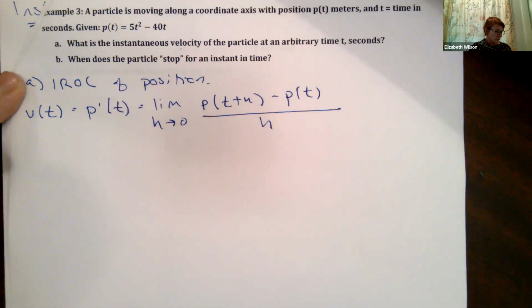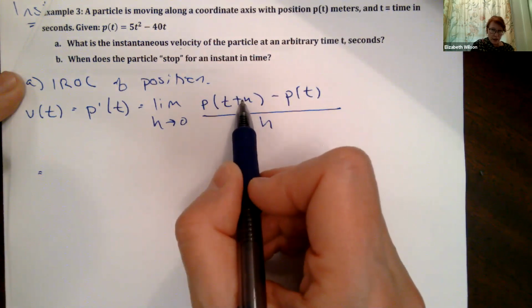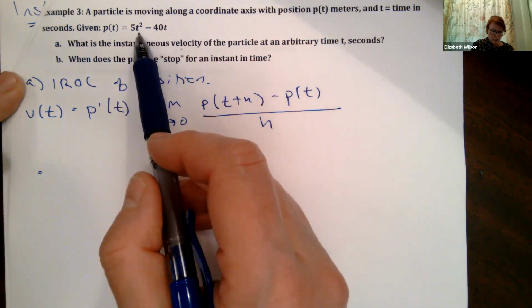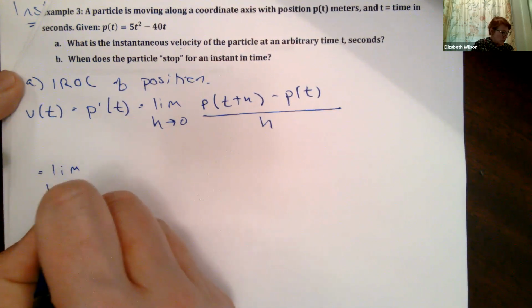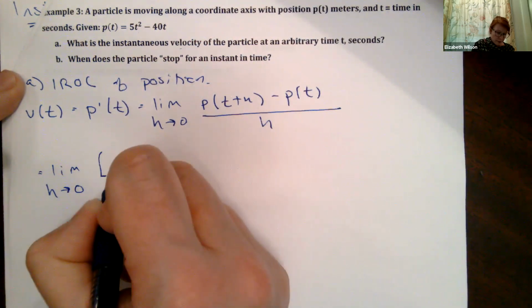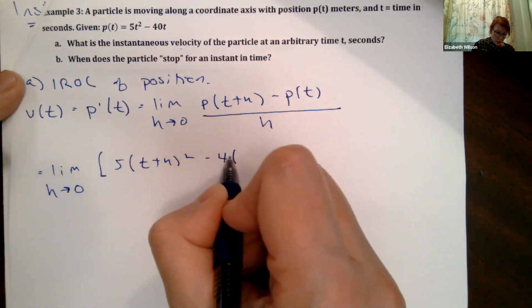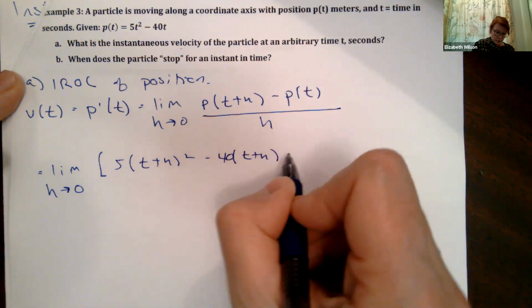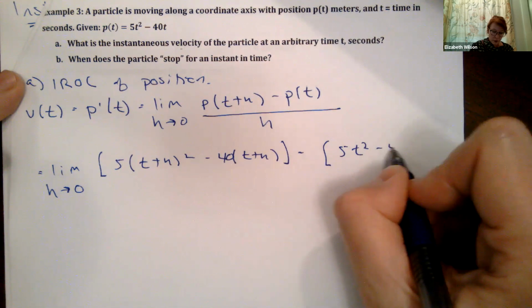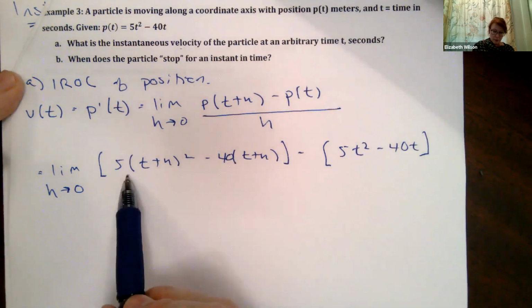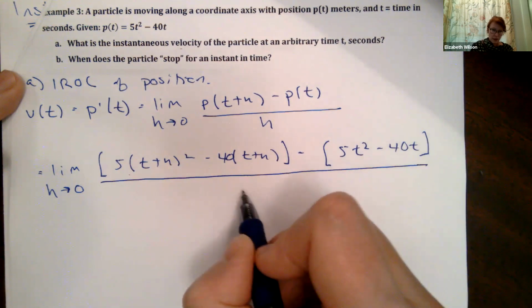So I plug in t plus h for t: the limit as h approaches 0 of 5 times t plus h squared minus 40 times t plus h, minus 5t squared minus 40t. This is our p of t plus h, this is our p of t, and the whole thing is over h.